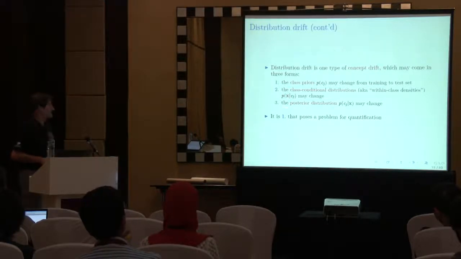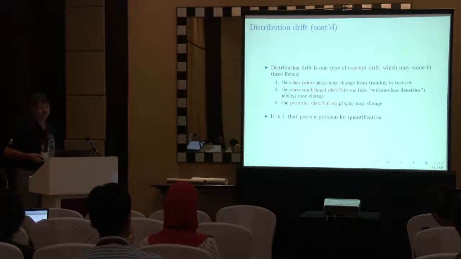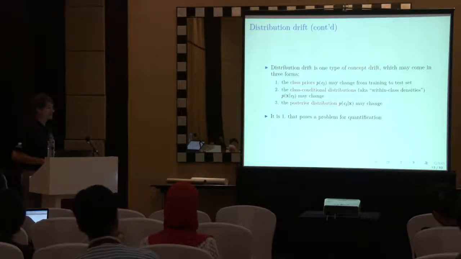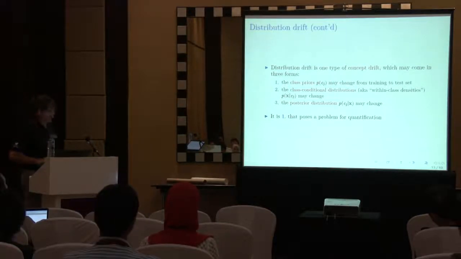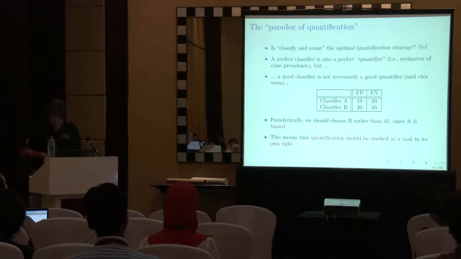And the third is the one in which the posterior distribution changes. This is actually the scores that a probabilistic classifier comes up with, so the probability that a given document X has class Cj. Of all these cases, it's essentially the first that we are going to be interested in here, and the one that poses problems for quantification.